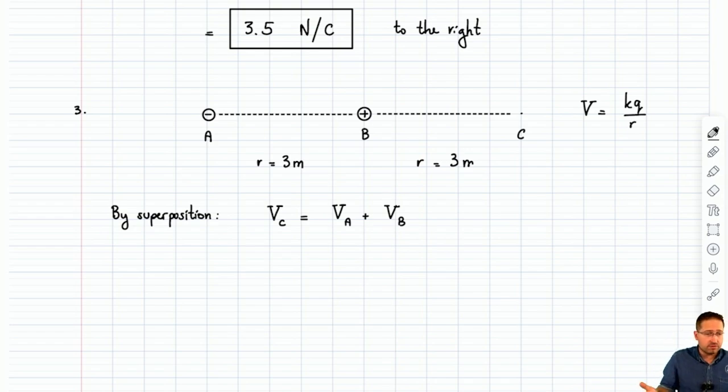Could be positive or negative, right? You have to account for that with Q because it matters if V is positive or negative.